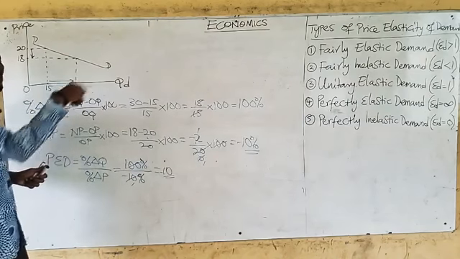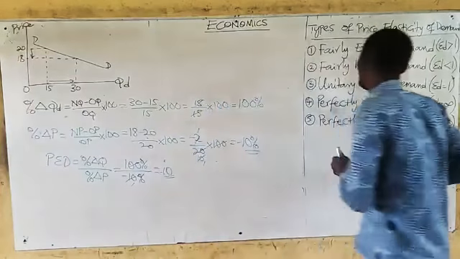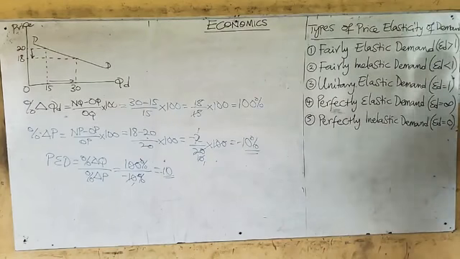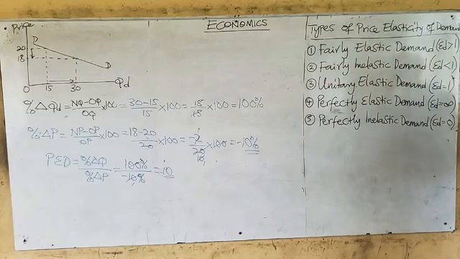Now I am going back to the fairly elastic demand to show you something. We said that fairly elastic demand is when the percentage change in quantity demanded is greater than the percentage change in price. Then I put into bracket ED greater than 1. What does this mean? This means that the elasticity of demand you are going to get should be greater than 1. If you are calculating fairly elastic demand, the answer you will get should be greater than 1.